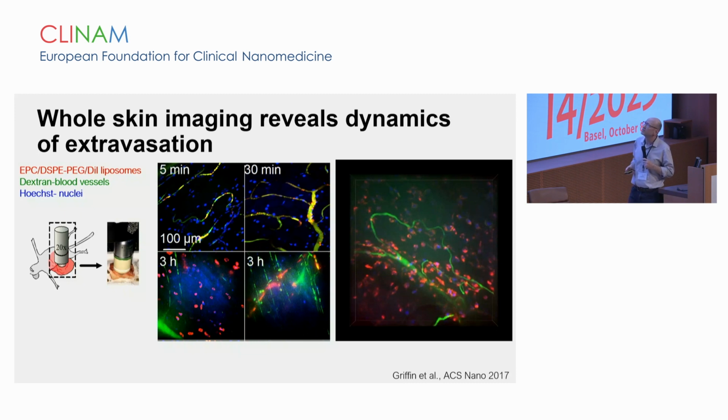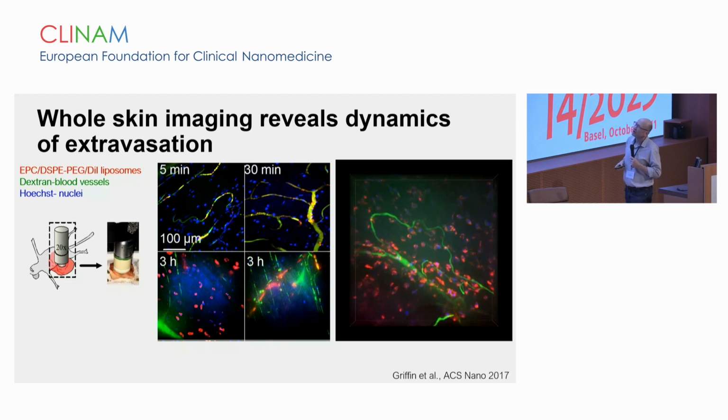To better understand this problem, we use intravital microscopy, where you create a skin flap in the mouse belly and put a microscope on it, and the mouse is breathing, so it's a really inconvenient system, but you can inject nanoparticles and see at different time points what happens.